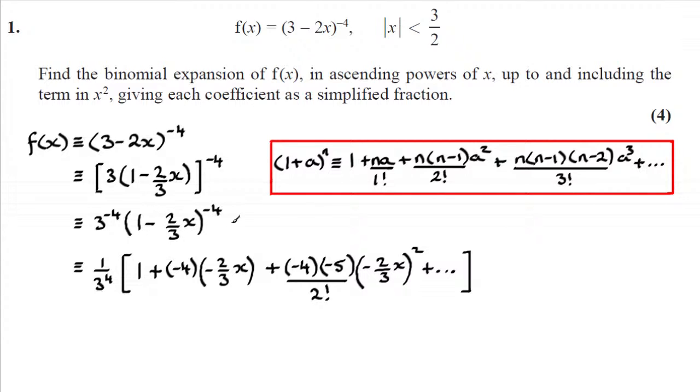So you just got to substitute this in here. 1 plus n, the power, minus 4, times a, minus 2/3 x, over factorial 1, but factorial 1 is just 1, so I've left that out. Then minus 4 times minus 4 minus 1, so subtract 1 from that power, over 2 factorial, 2 times 1 in other words, times what was a squared, now minus 2/3 x all squared, plus and so on.